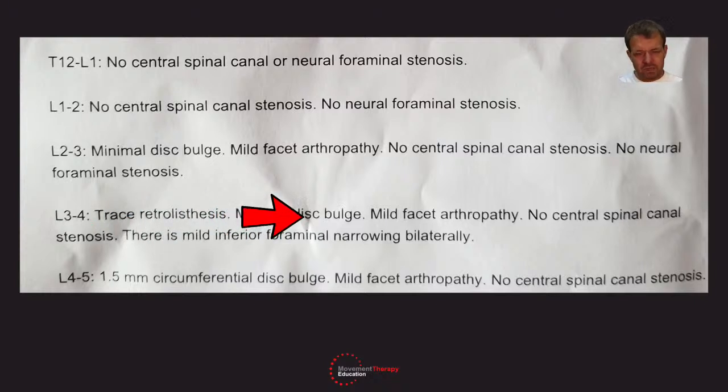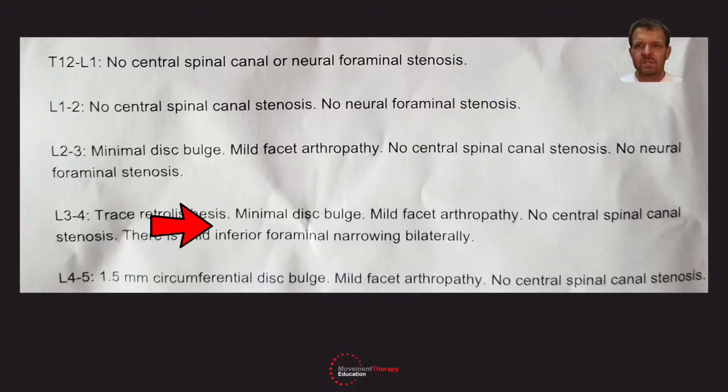Minimal disc bulge, again, at L3, L4 and L2, L3, so they could be just normal findings. A mild facet arthropathy, so again, there are some changes to the facet joints. No central spinal canal stenosis, so no narrowing down the middle.